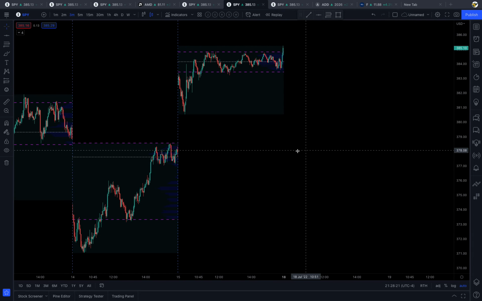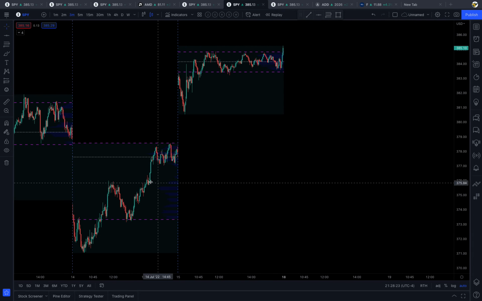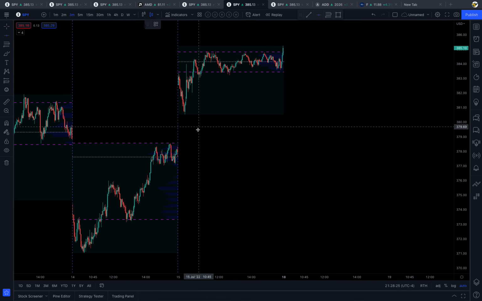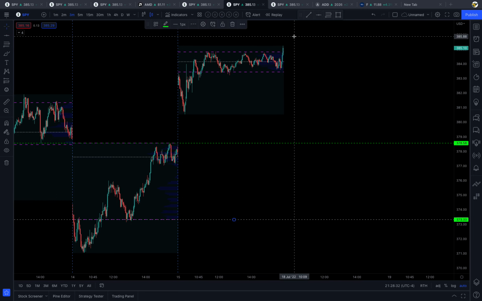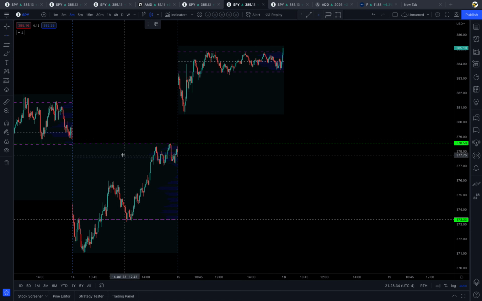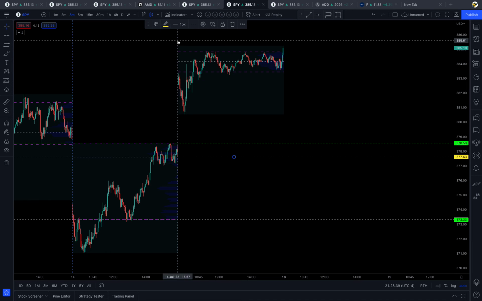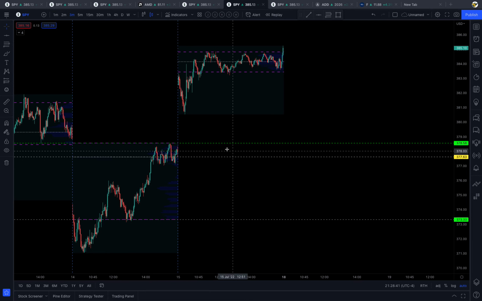So what I'll do is print out the day before, and I draw the line of the value area. Of course, I'll do it in purple, but I'm just going to do it real quick here. And then the POC is that white line there. So if this day was to open up between these green lines, there's a very high probability, and when I went back and did it, it only lets me go back until I think June 8th.